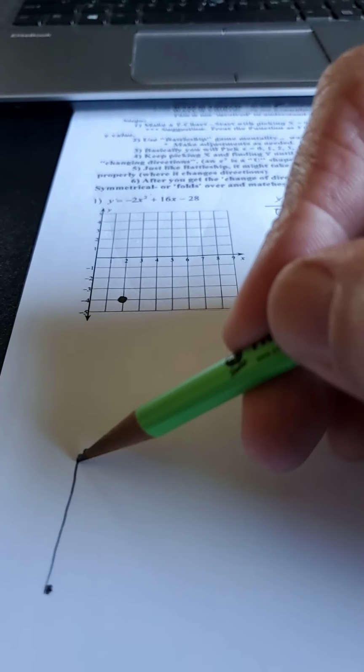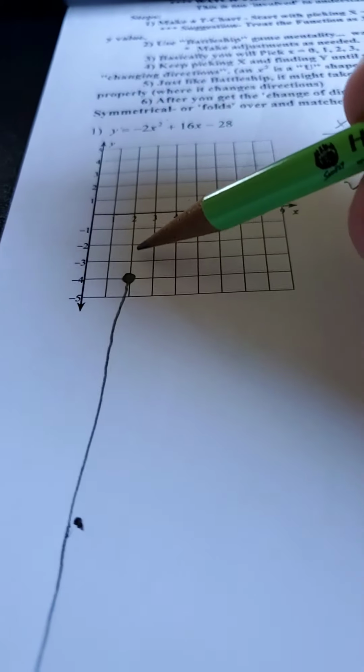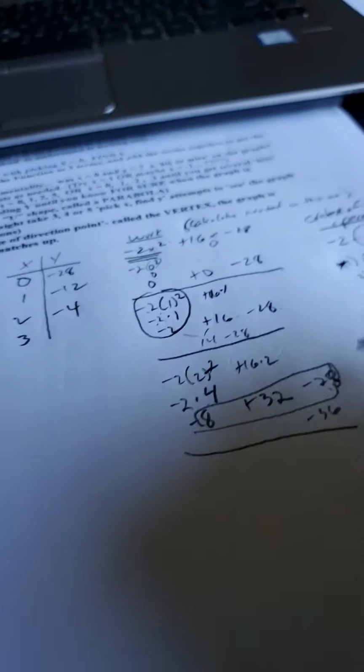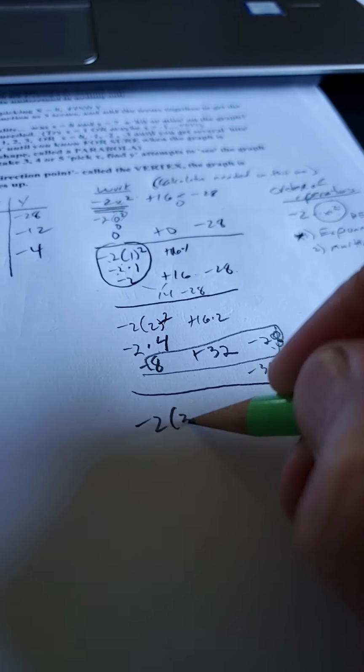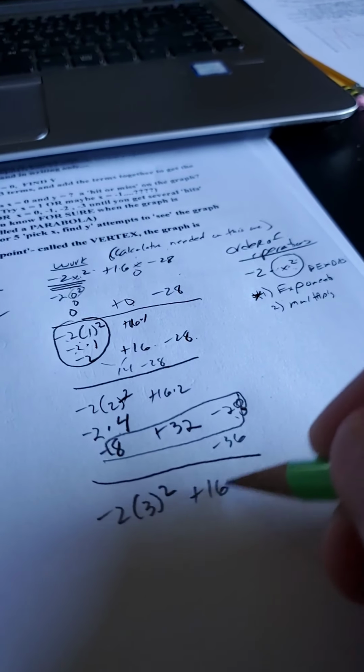Okay. So what we have is the graph is coming up like this. And we have to keep plugging in until it changes directions. Let's plug in a 3 and see what happens. I'm going to put a 3 in for x. That's negative 2 times 3 squared. I'm going to put a 3 in for x and get 16 times 3 minus 28.